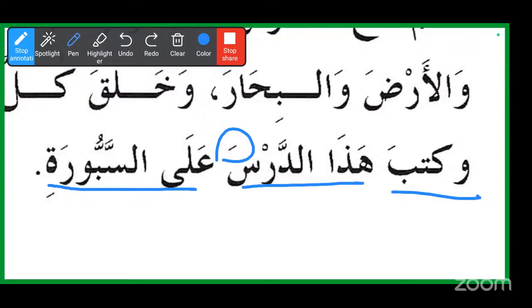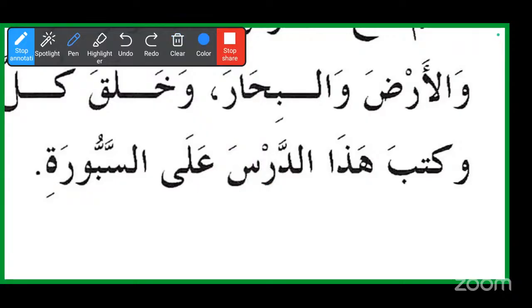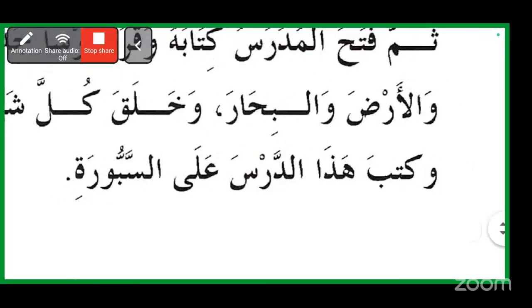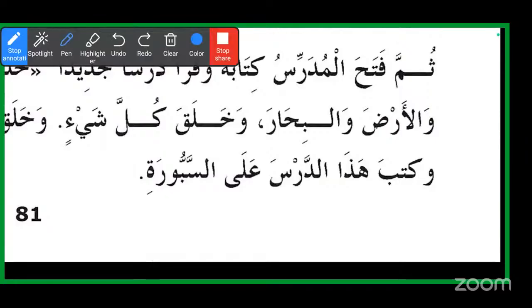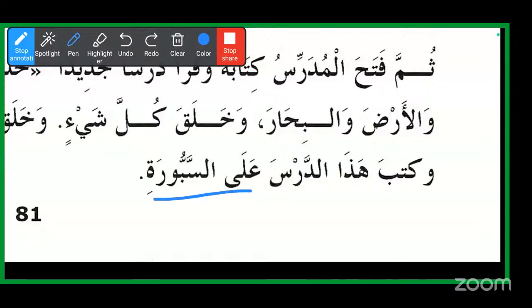I don't want you to be entangled in the technical phrases, so I try to keep it simple. Ala saburate is an attached phrase to the sentence which is explaining kataba.